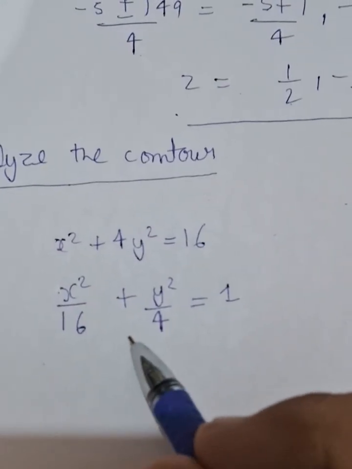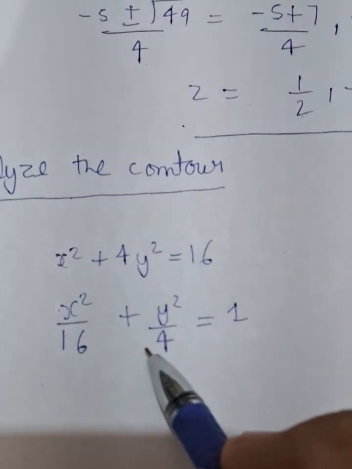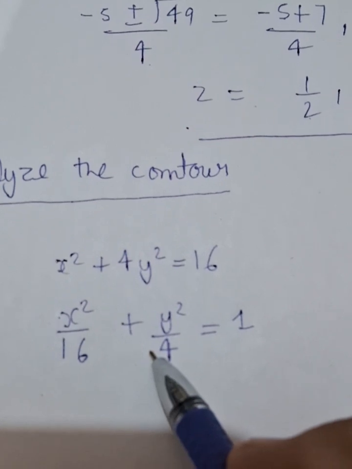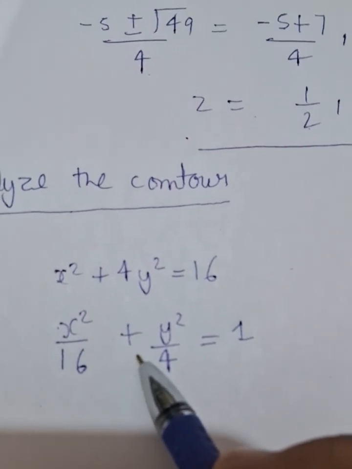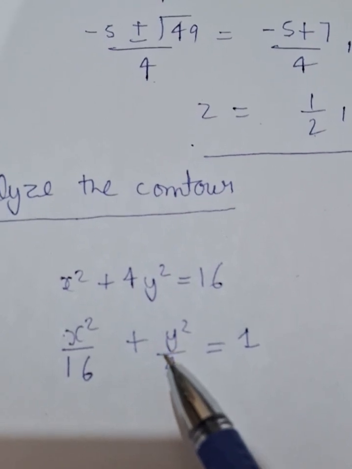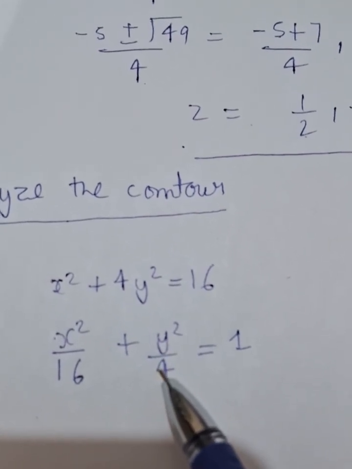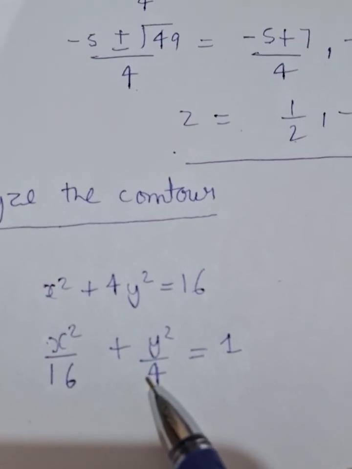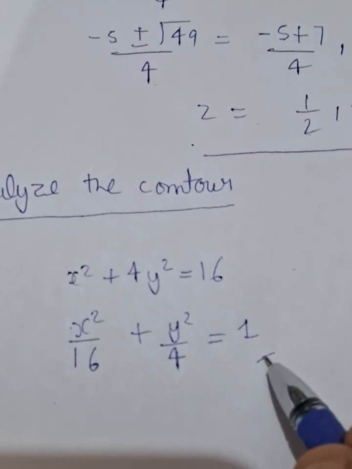We know that this equation represents an ellipse with semi-major axis 4 along the x-axis and semi-minor axis 2 along the y-axis, and the center of the ellipse is at the origin. So this is what this equation signifies.